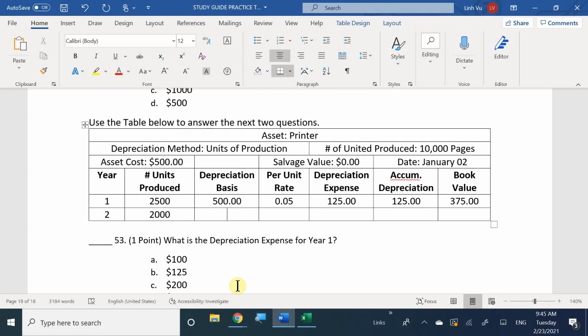So in this case, it'd still be 500, correct. And the per unit rate, since the basis didn't change, will also be 5 cents. Good. So this time, what's my depreciation expense going to be?